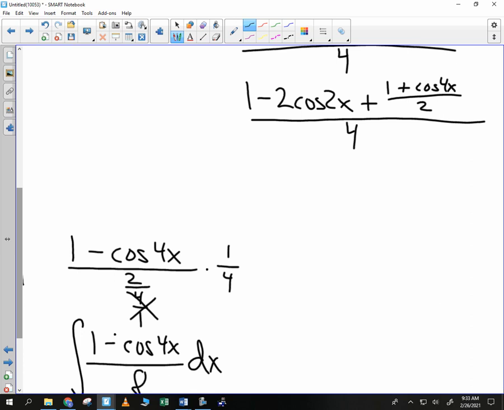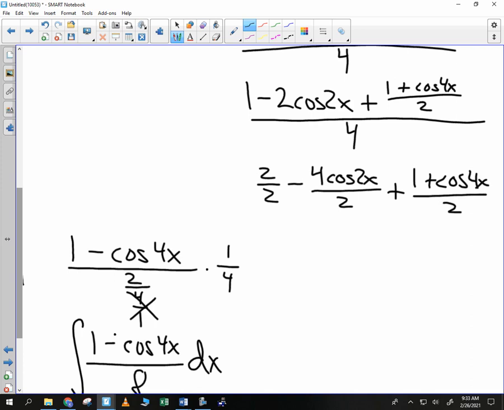We're all cosine, great. But unfortunately, we have a complex fraction. So let's just create a common denominator. I'm going to rewrite this as 2 over 2. I'm going to rewrite this as 4 cosine of 2x over 2 plus 1 plus cosine of 4x over 2 over 4.